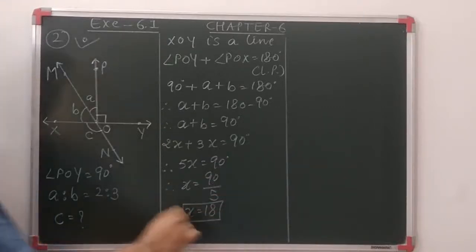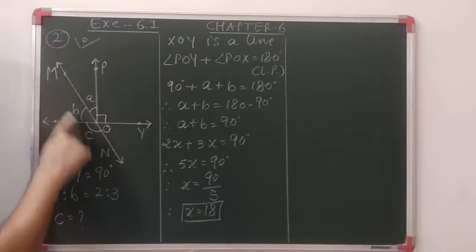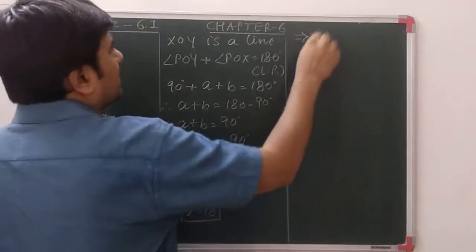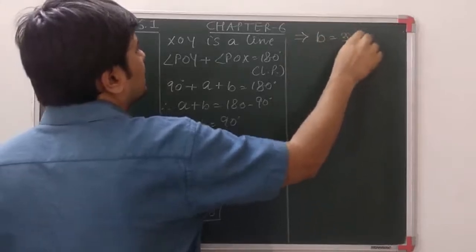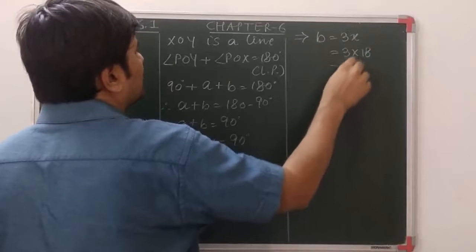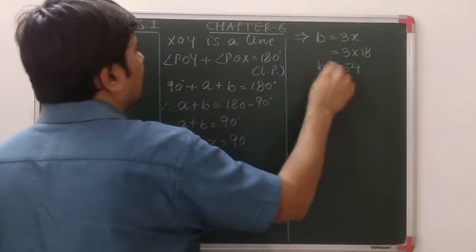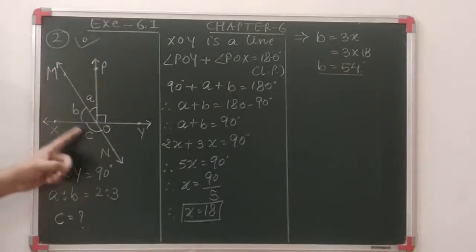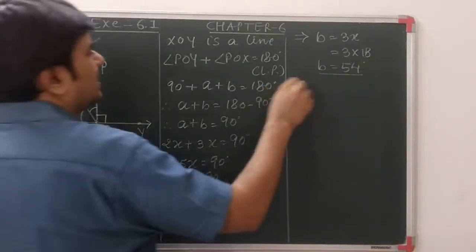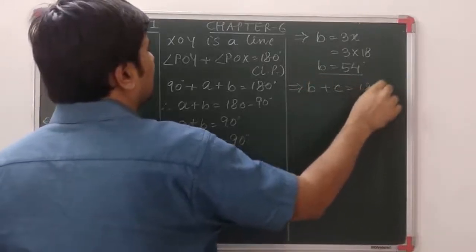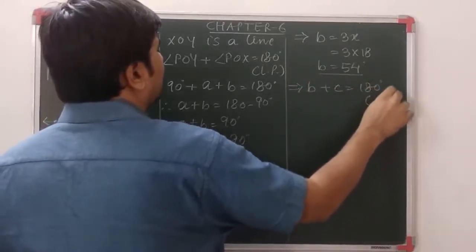As we discussed earlier, we need to find B because B and C are linked. B is 3x, so let's obtain B. Now B is 3x, so 3 into 18 is 54 degrees. So we have angle B as 54. As we discussed, B plus C is 180 because they are a linear pair.